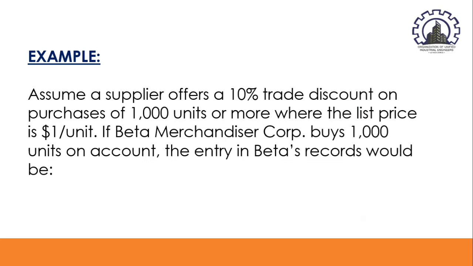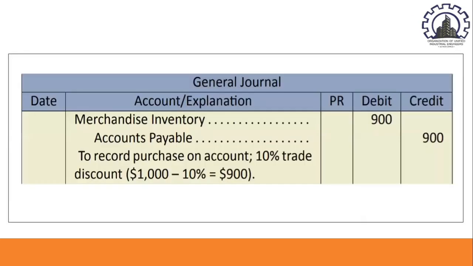Assuming a supplier offers a 10% trade discount on purchases of 1,000 units or more, where the list price is $1 per unit. So if Beta Merchandiser Corporation buys 1,000 units on account, then the entry in Beta's records would be this one. Okay, so this is how your journal entry would look like.